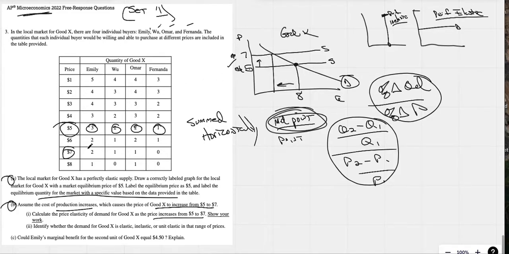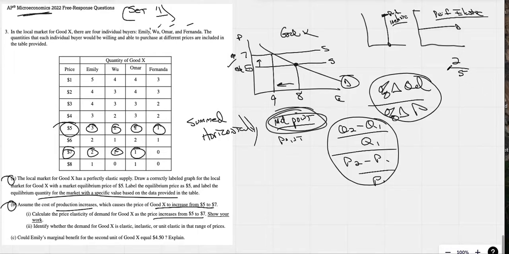So at a price of $7, it looks like it's 2, 3, 4. We went from 8 at $5. 8 was quantity demanded, and at 7, quantity demanded went down to 4. So price change 5 to 7. The way I do this is I just know the change was 2 over the 5.